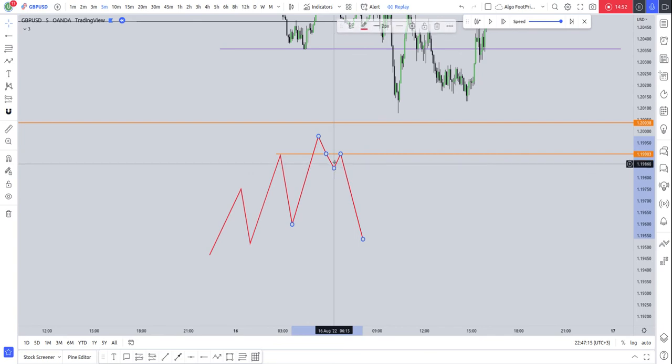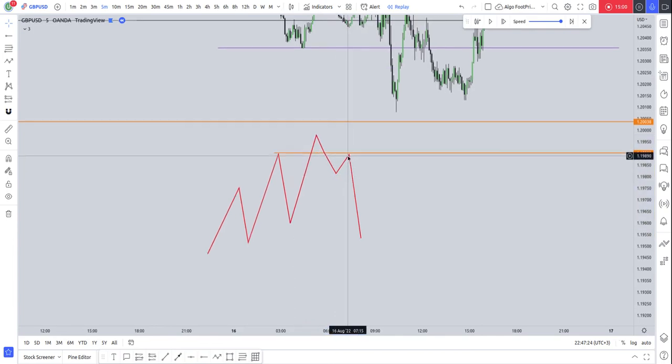In the process of retesting this, on the lower time frame, that is where you are going to see a break in market structure. So in the lower time frame, you are going to find something like this. A low is broken, we come back here and we break it.